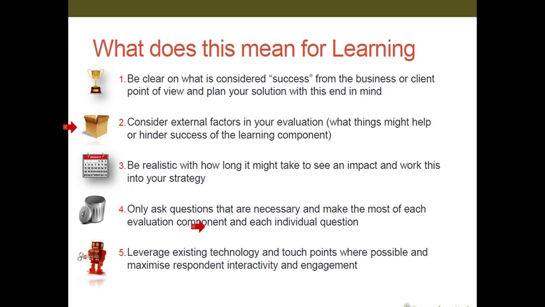But it's making sure we understand that learning is a part of it and measure those other factors so that we can be more robust and therefore get more credibility from the business point of view that we are measuring apple to apple.